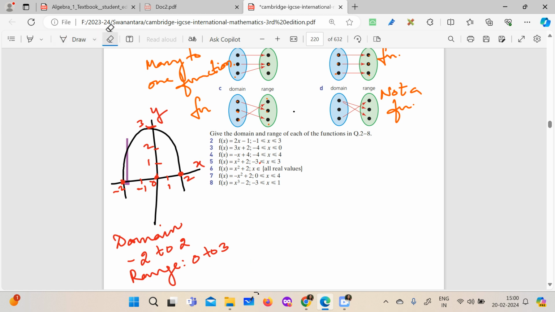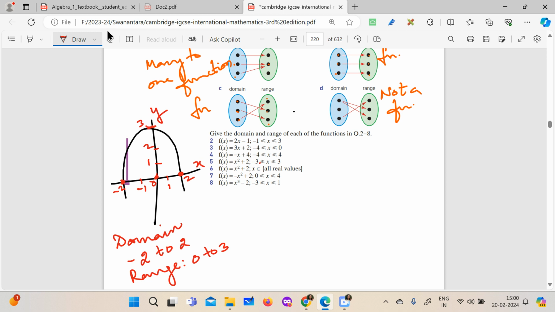Now let's see this one. Give the domain and range of each of the functions in questions 2 to 8. Be very clear: domain is nothing but input and range is nothing but output. Let's see how to understand the domain and the range.